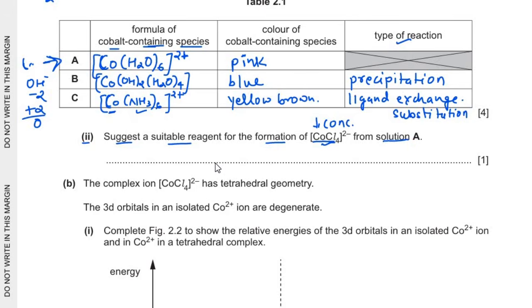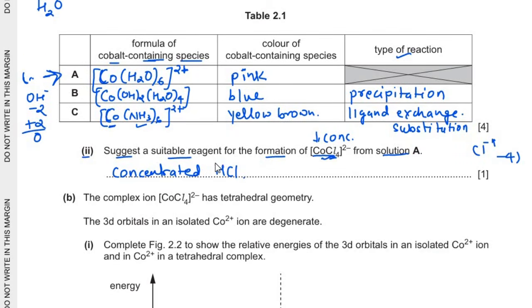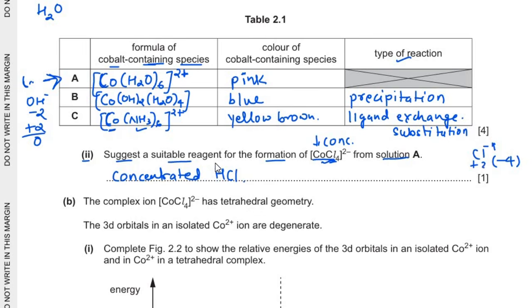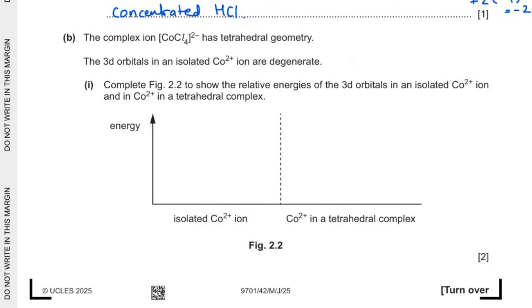When concentrated hydrochloric acid is added, all the water ligands are replaced by chloride ions, and we get the complex as CoCl4 2-. Again the charge you can calculate: there are 4 chloride ions present, so they correspond to -4 overall charge, and the cobalt has +2 charge, so overall it ends up with a -2 charge of the species.